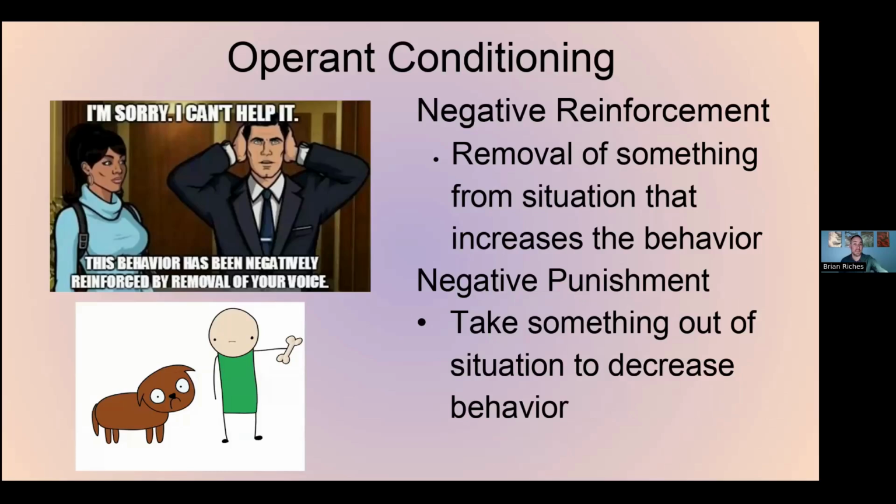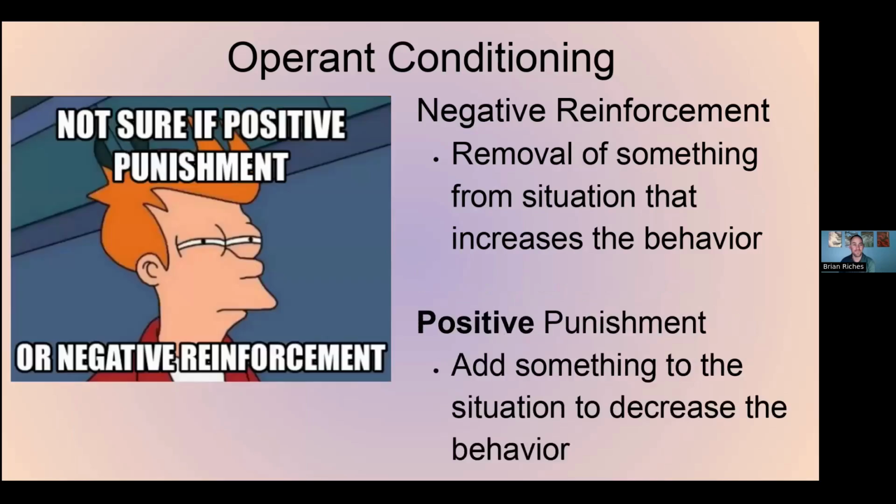You're more likely to ask nicely again next time. Negative punishment, you take something away from the situation, and that decreases the likelihood of the behavior. So you take my bow and arrow away, it decreases the likelihood that I will poke my eye out with the arrow. All right, so this is something that students can get confused on, positive punishment versus negative reinforcement.